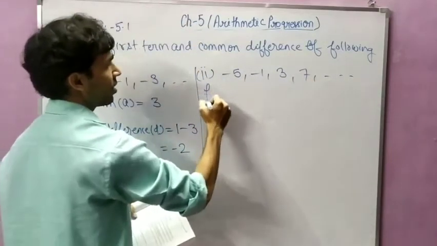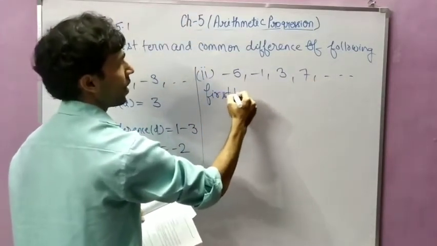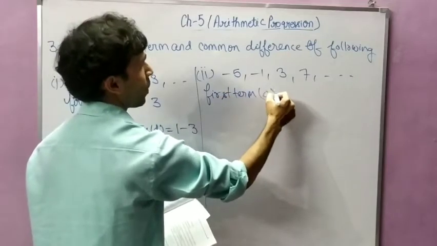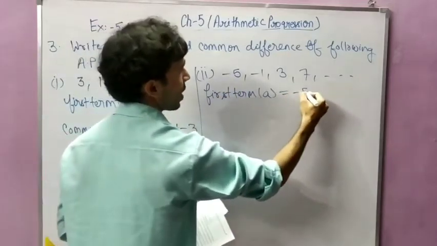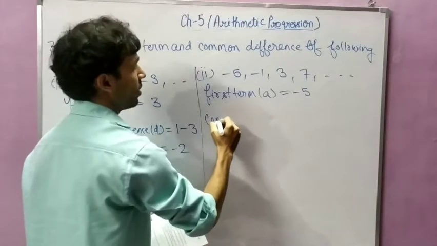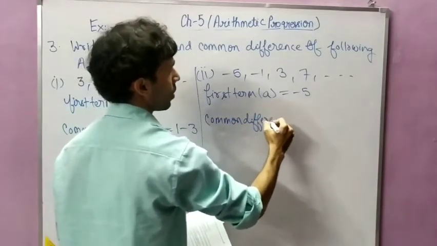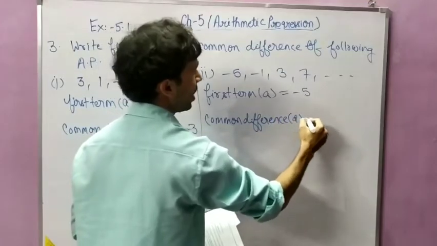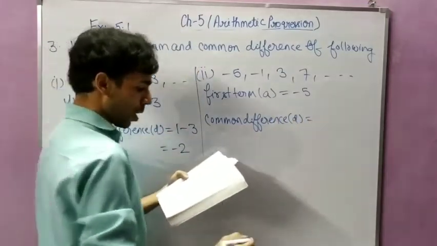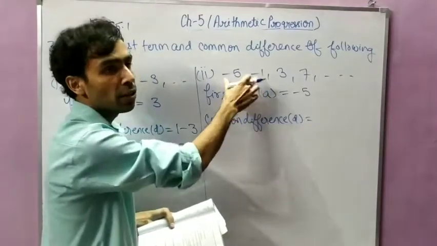So first term, it is again very simple. First term, that is represented by A, which is equal to minus 5, and common difference, that is D, and D is equal to how much? Any two term, the difference of any two term.